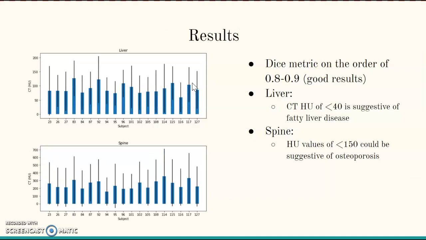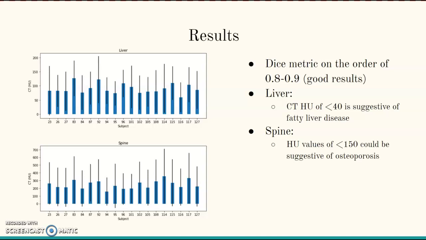So like I said, the dice metric was on the order of 0.8 to 0.9, which was really good results. And the closer that a dice metric is to 1, it means that the predicted label is closer to the original label.